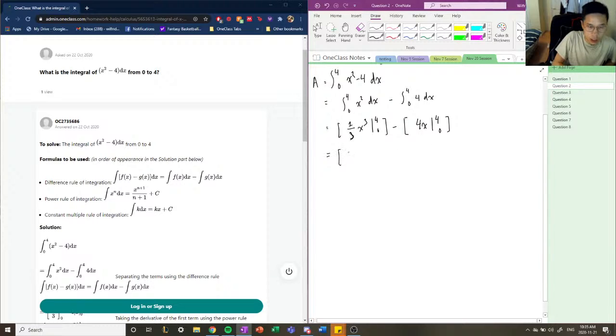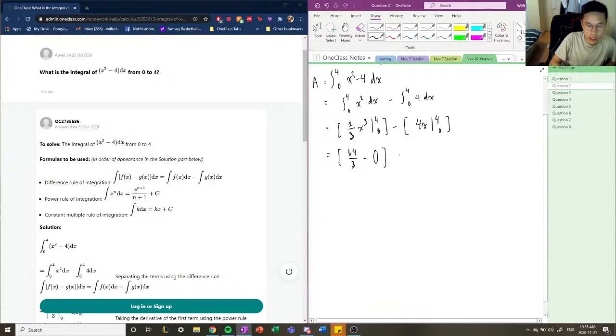We have 4 cubed over 3, which is 64 over 3, right? 4 squared is 16, 16 times 4 is 64, minus 1 over 3 times 0, sorry, that was a 1, so this should be a 0.